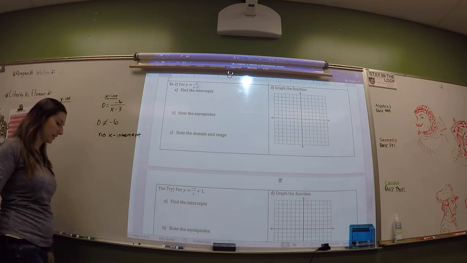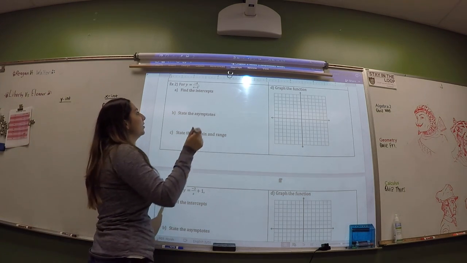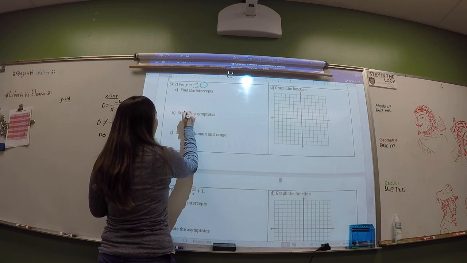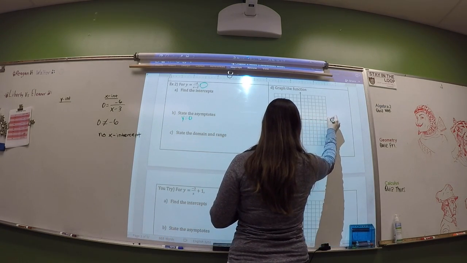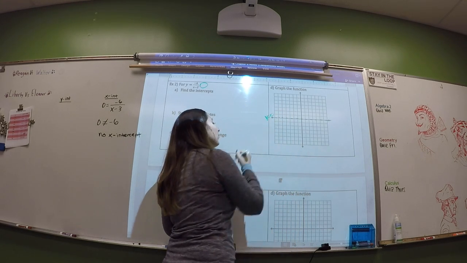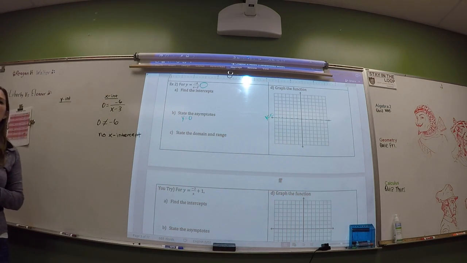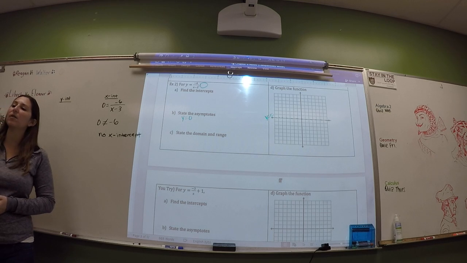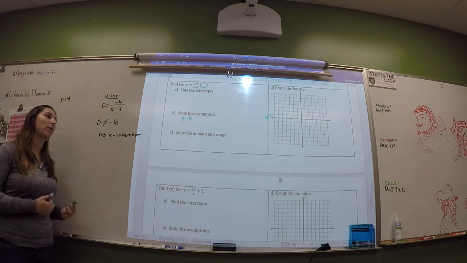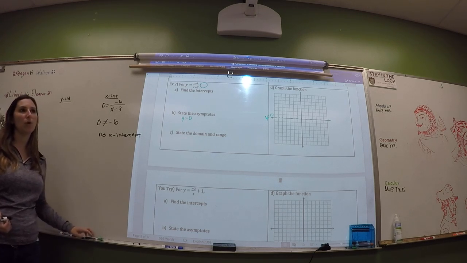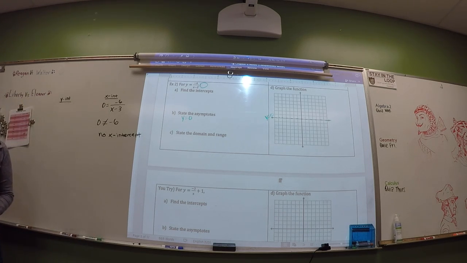The reason there's no x-intercept is because you have a horizontal asymptote at 0. If there's no vertical translation, the horizontal asymptote stays at 0. k is 0 because there's no plus k. So if there's an asymptote going through your x-axis, you don't have an x-intercept.